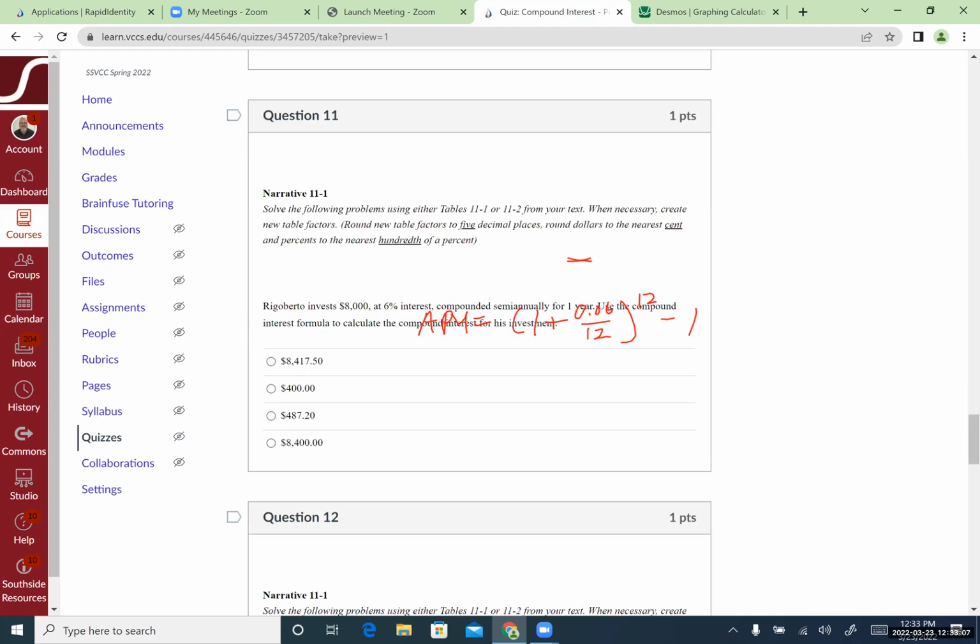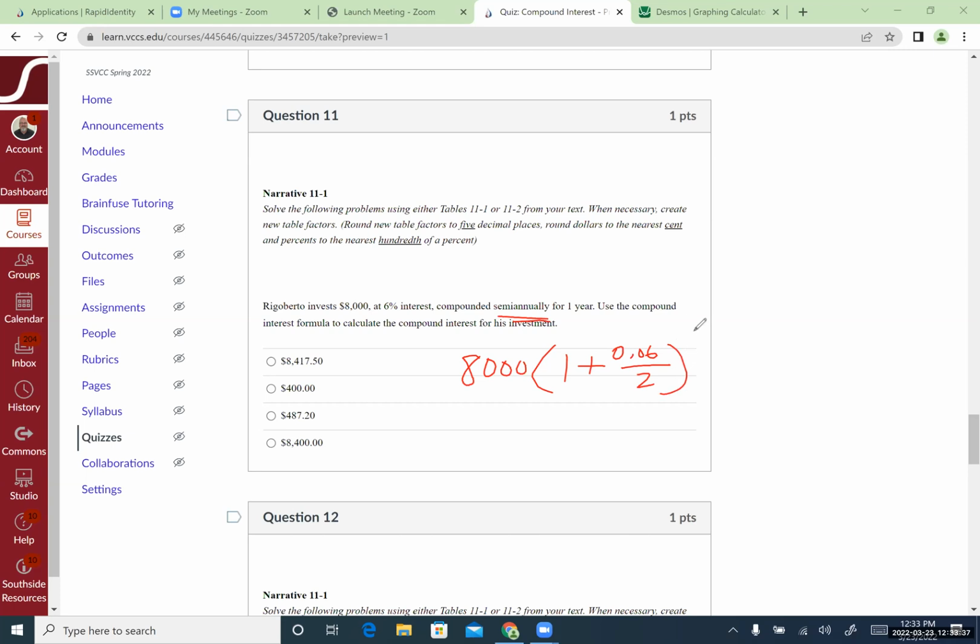Question 11. Interest compound. Calculate the compound interest for his investment. This just sounds like an interest formula, doesn't it? Simple enough. We invested $8,000 times 1 plus the rate, 0.06 divided by semi-annually, which means twice a year.